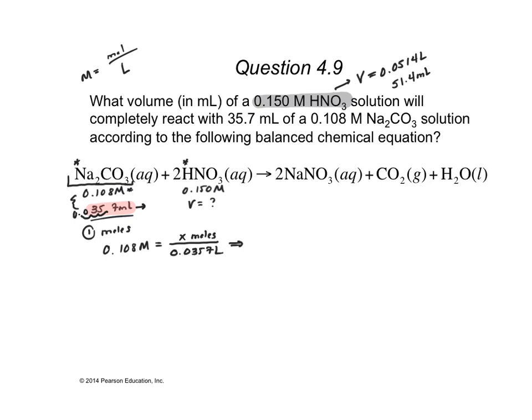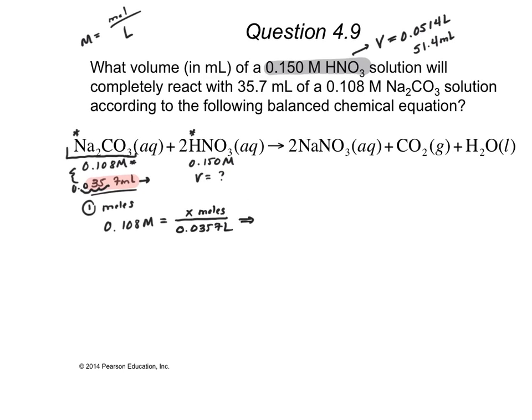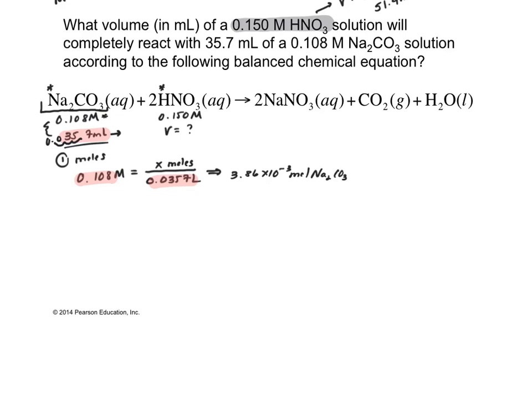So to do that, we're going to multiply our concentration by our volume, and when we do that, we end up with a number that is pretty small. So we have 3.86 times 10 to the minus 3 moles, and this is of our sodium carbonate. So that's number one, is getting to moles, right?